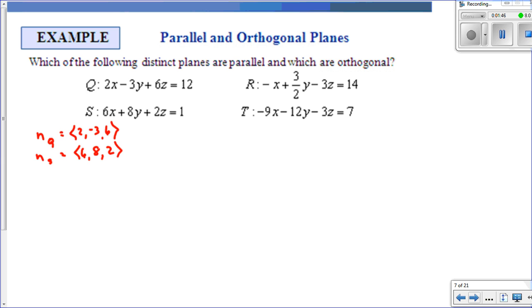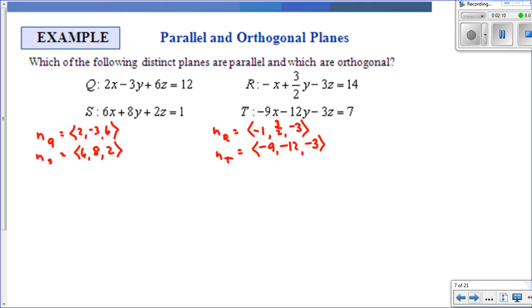Now, any multiple of these would also be a normal vector. But this is the easy one by just reading off the coefficients. N sub R would be -1, 3/2, -3. And the normal vector for the plane T would be -9, -12, and -3.